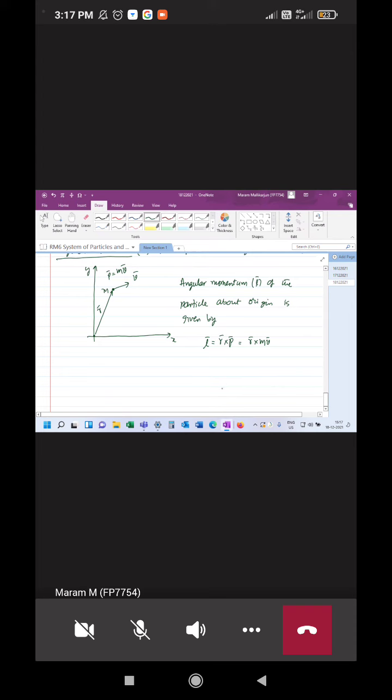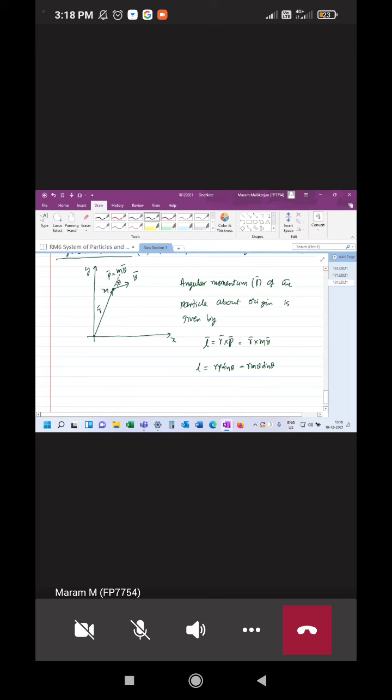Okay, so we can use the same way. The magnitude we can write as r m v sine theta, isn't it? L is r m v sine theta. What is theta here? The same way, this is angle theta.